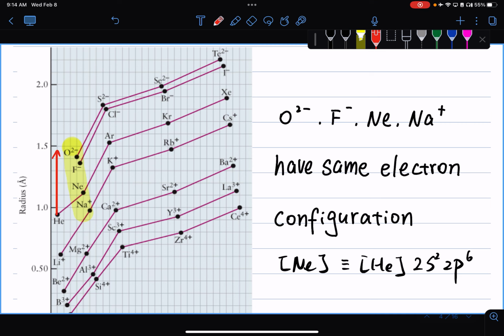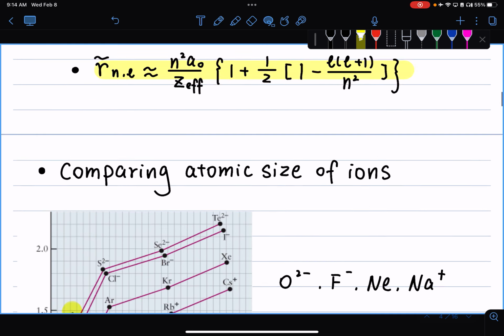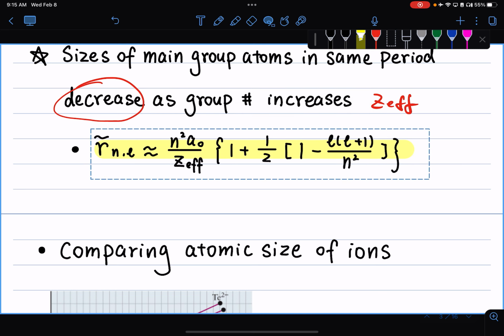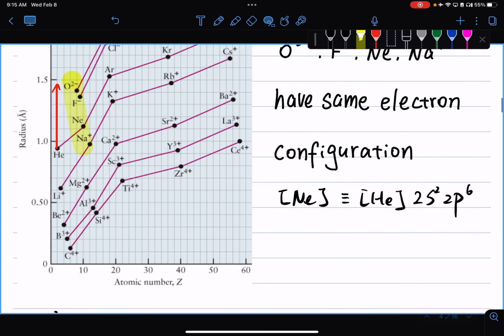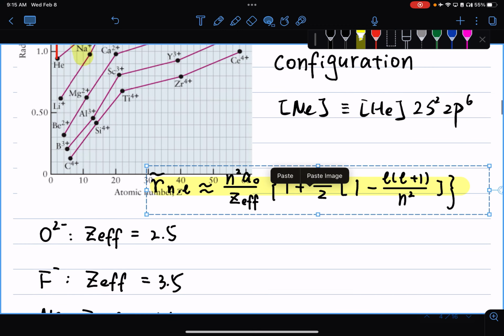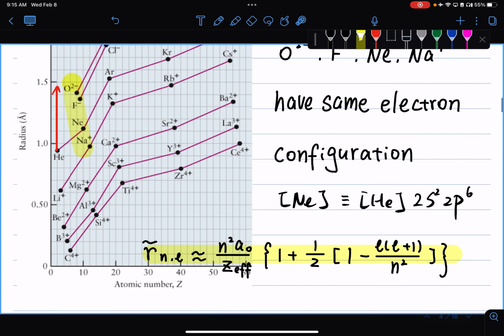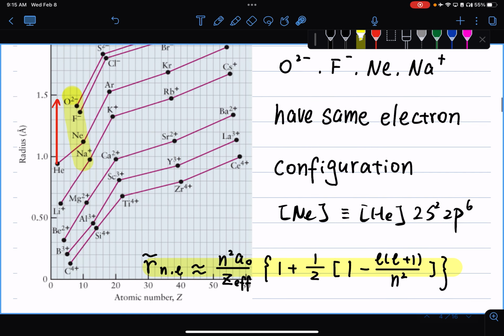So if you think about it, again, the equation we're using is the same. But in this case, our n squared is going to be the same. Our L is also the same because the electron configuration is all the same. The only difference here is the effective core potential.